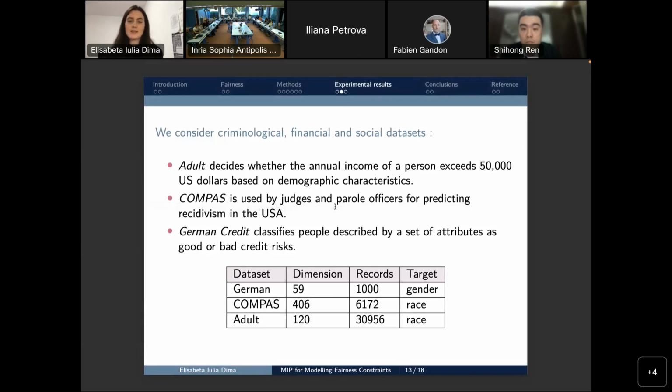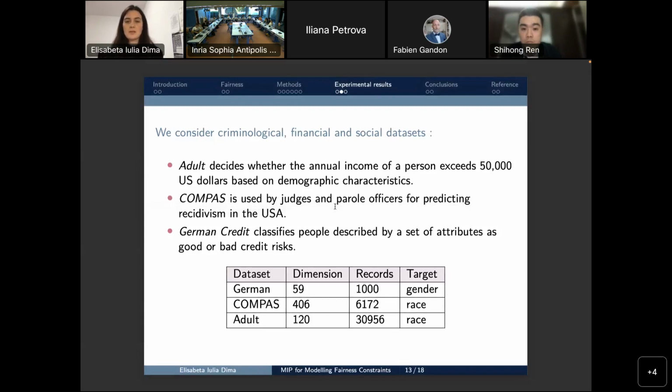The adult dataset is the biggest when it comes to the number of records, and also it has a very high dimension.